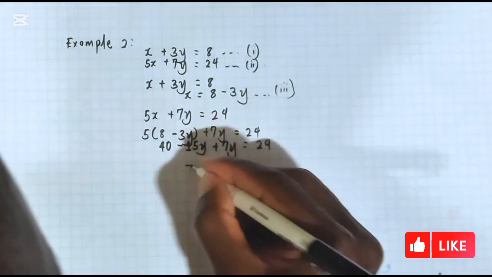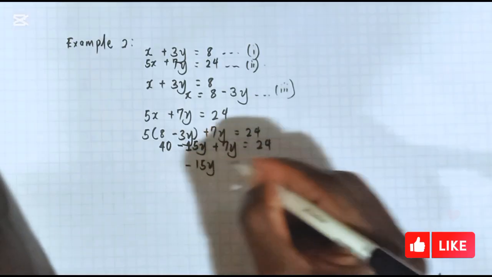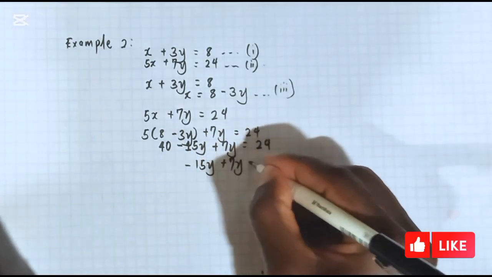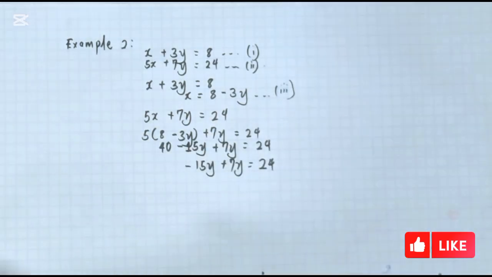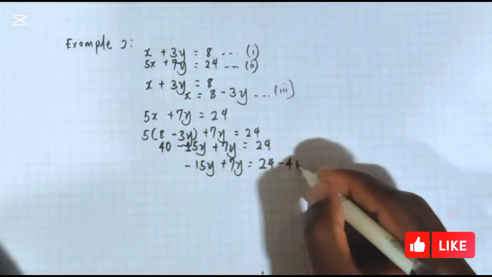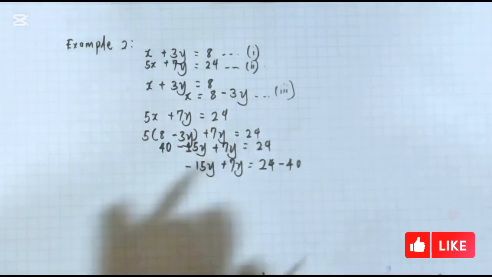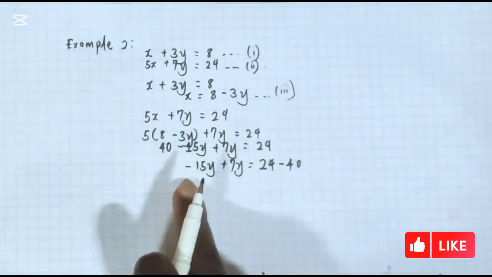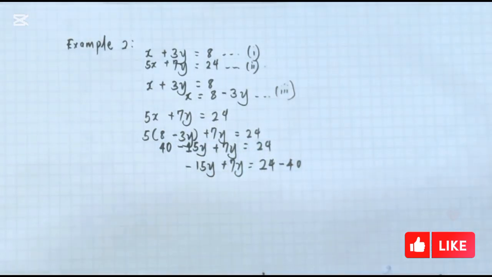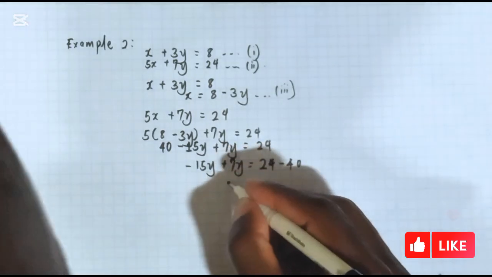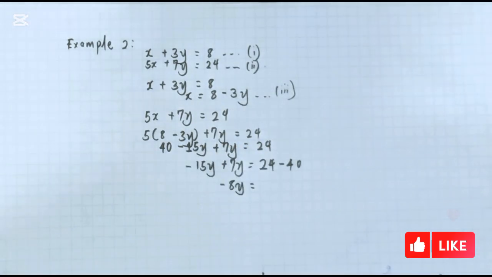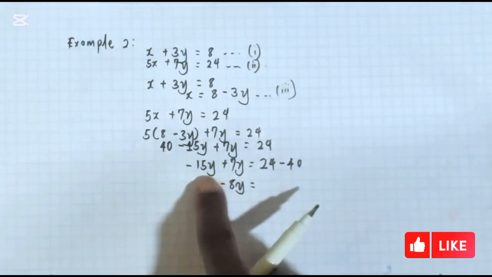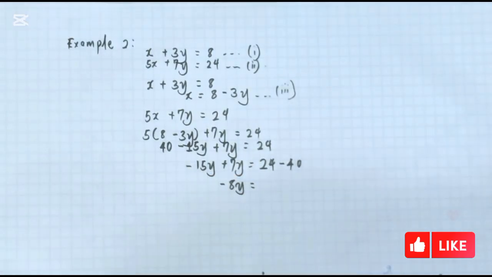So basically, I'm going to have negative 15y plus 7y equals 24, then 40 taken to the other side will give me negative 40. When you break this down, negative 15y plus 7y will give us negative 8y.